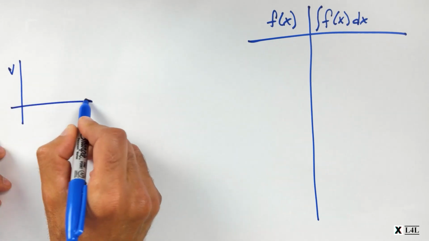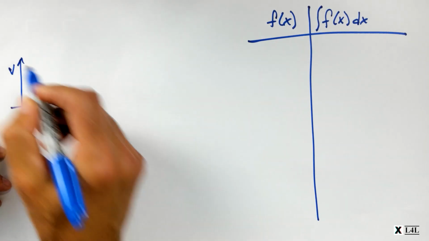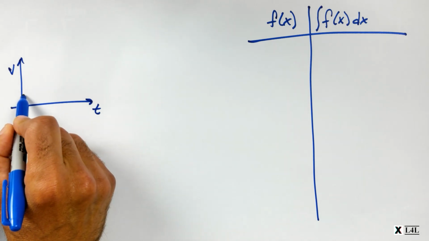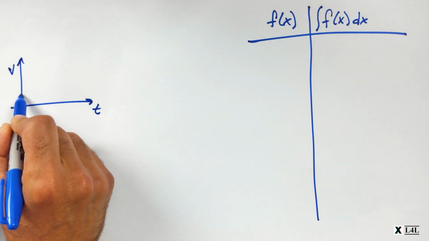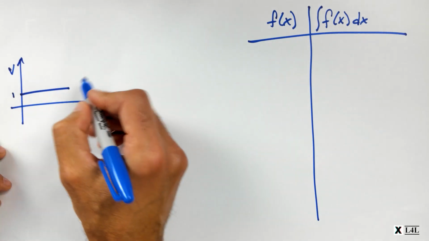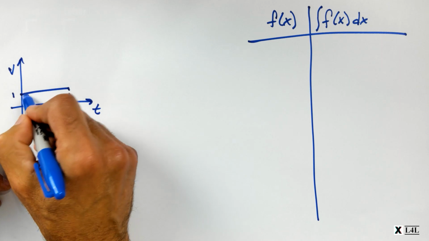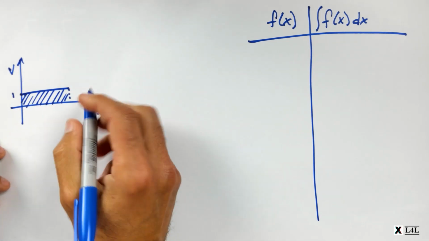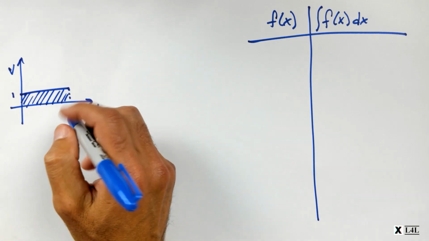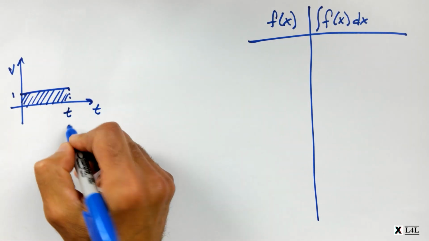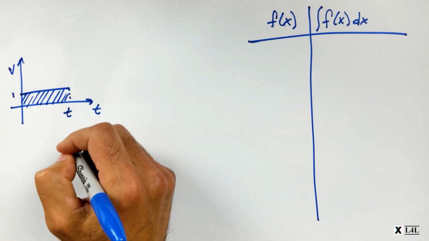If I have a velocity function with respect to time, and it is just, let's say this is 1, out to some time t, it doesn't really matter what that time is.